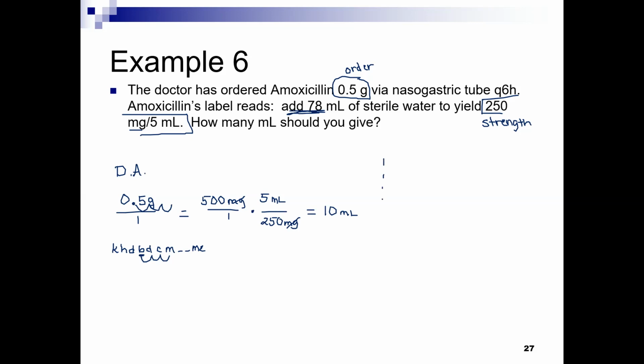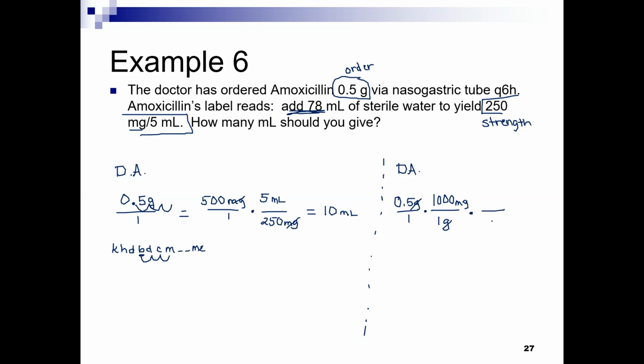Now, as I've shown you in other videos, we can do this all at once if we have memorized our conversions. So the other way to do this, still using dimensional analysis, is to start with the 0.5 grams over 1. Use our memorized fact that 1 gram is 1,000 milligrams. That will allow us to cancel grams.